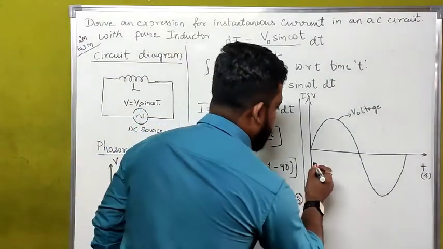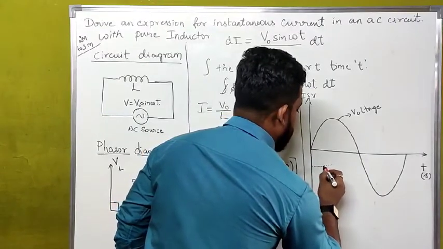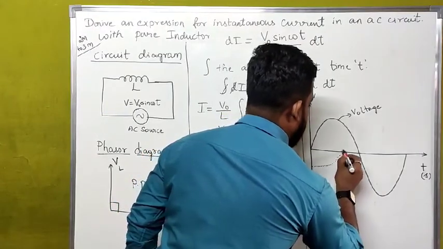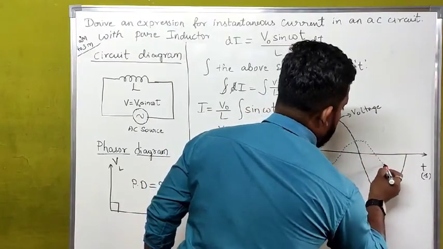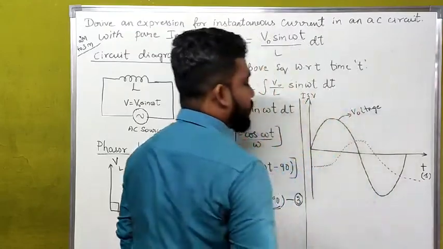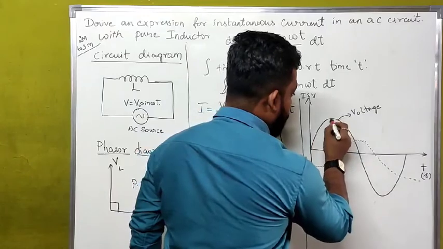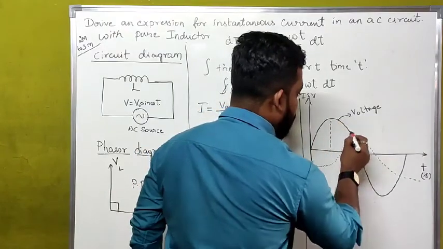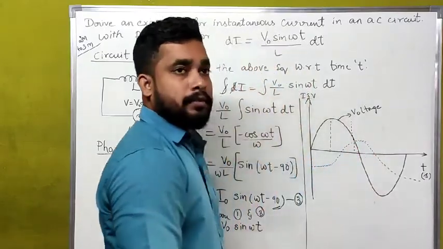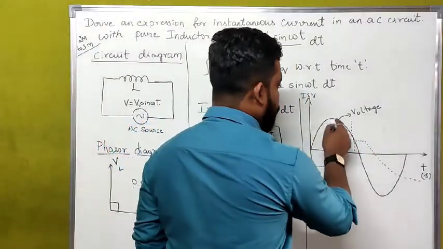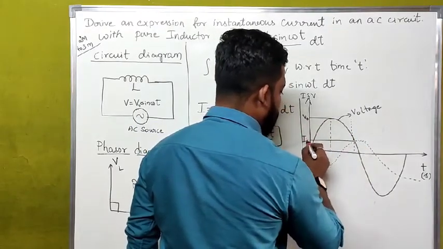For that, this is how we have to write. Look, the maximum value of voltage is here, and the maximum point of current is here. The peak value of voltage is V0, and the peak value of current is here.